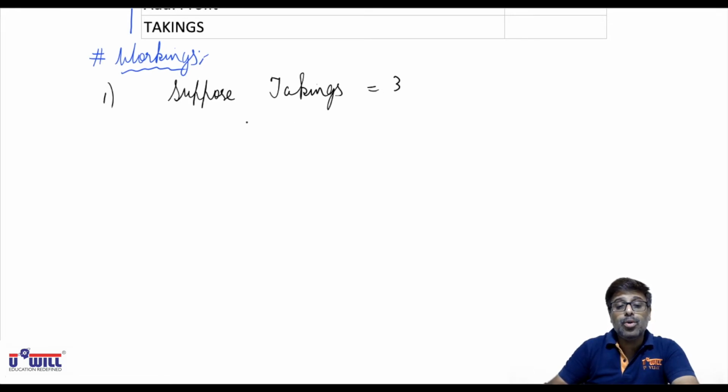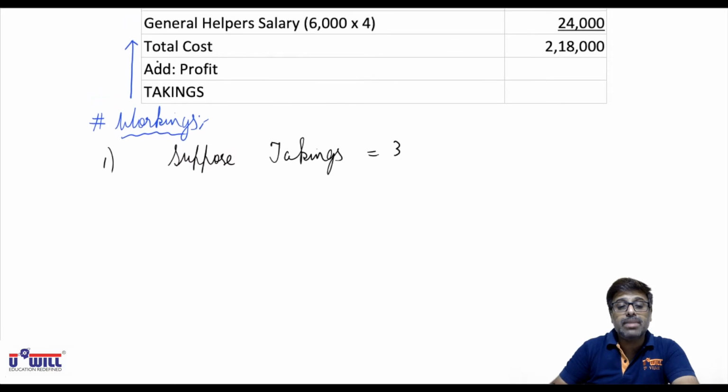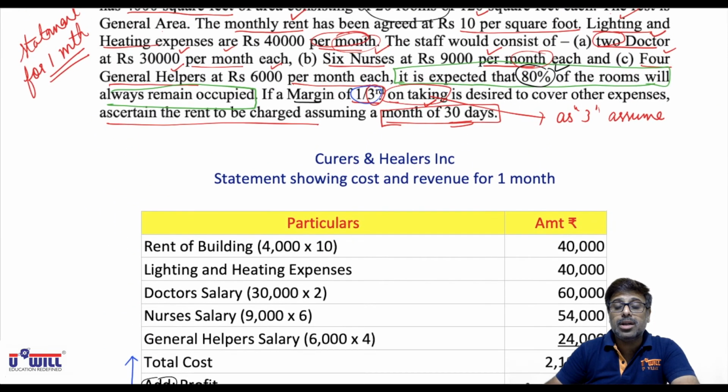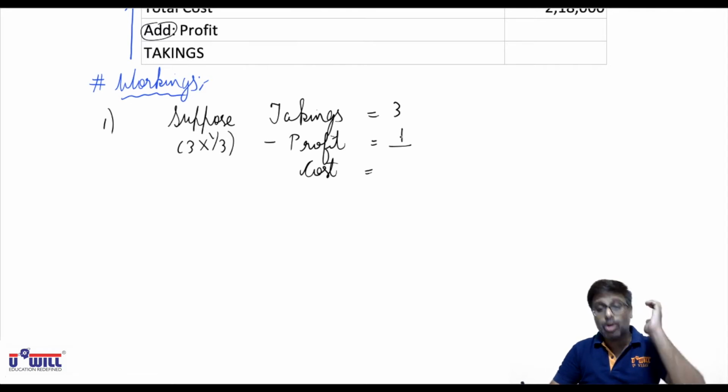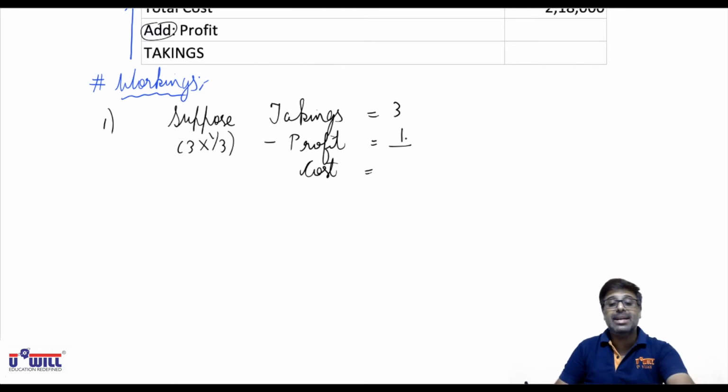Now, if you go reverse, then this plus will become minus profit, and we'll get the amount of cost. Since it is given 1/3 on takings, 3 into 1 by 3, the amount of profit is 1. That's the reason we have assumed 3 and not 100, because if you assume 100, it will come in decimals.